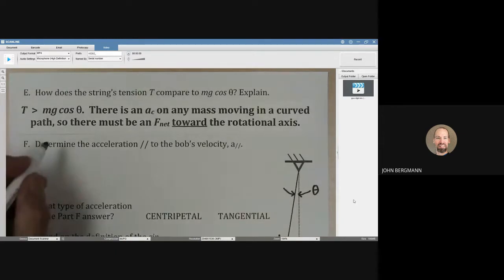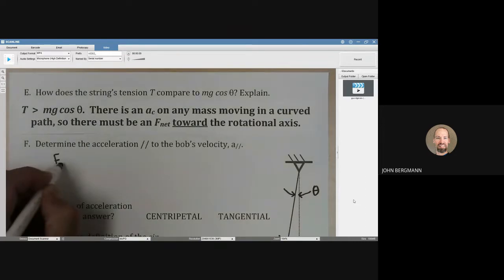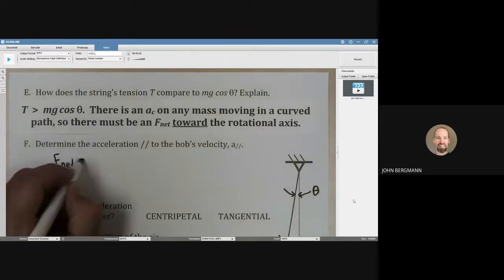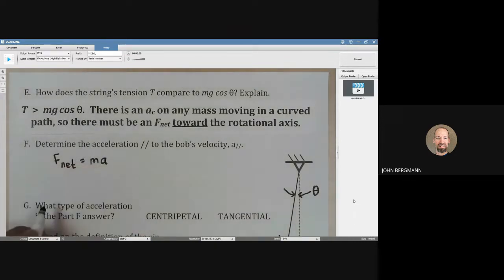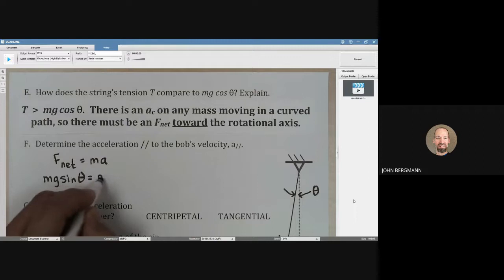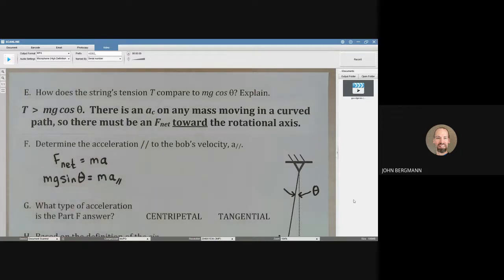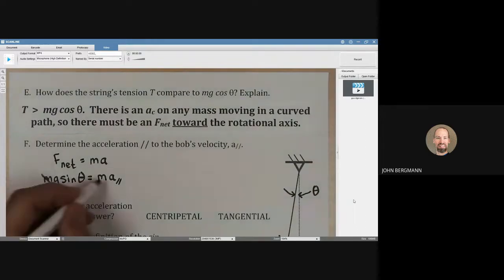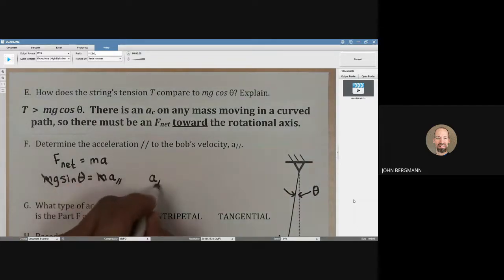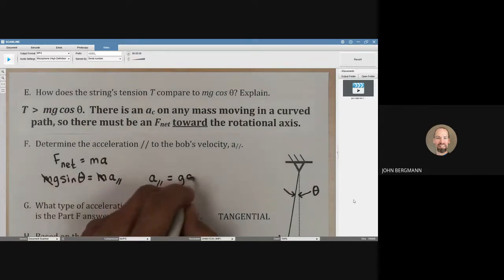Well, that means for Newton's second law, F net equals mass times acceleration. The net force is mg sine theta, and that should equal the mass of the object times the acceleration parallel to the bob's velocity. The mass cancels. That means that the acceleration parallel is equal to g sine theta.